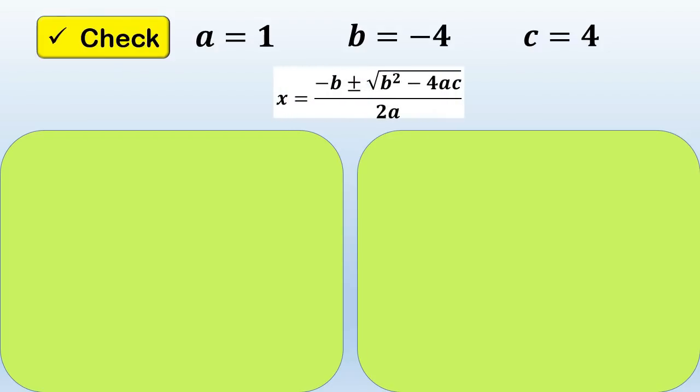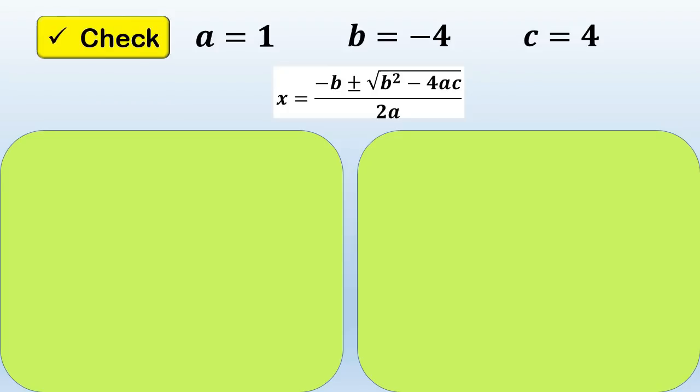At this moment, we are going to use the quadratic formula to identify the roots of the given equation. So, using the quadratic formula, let's identify the roots. Let's use first the positive sign. Let's substitute the values of a, b, and c to the given formula.